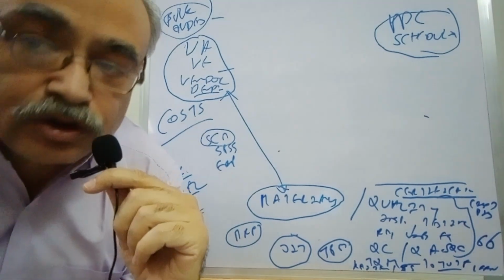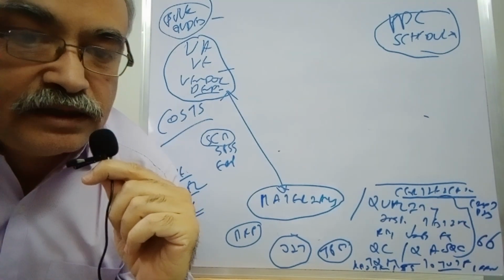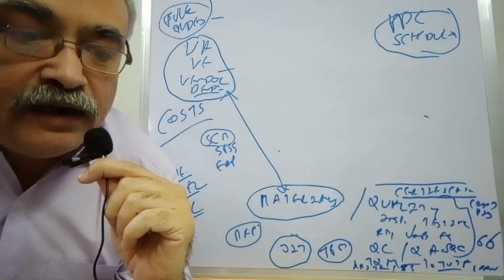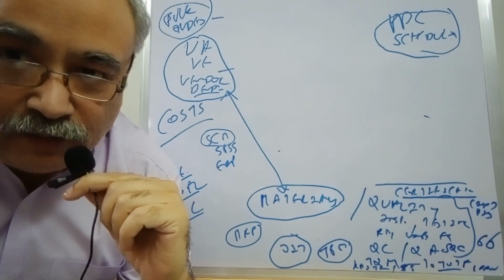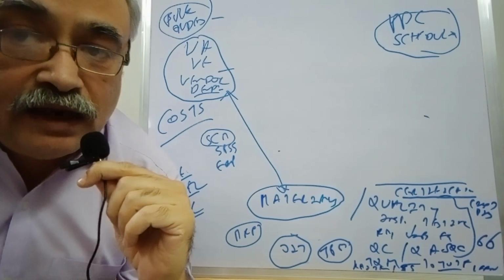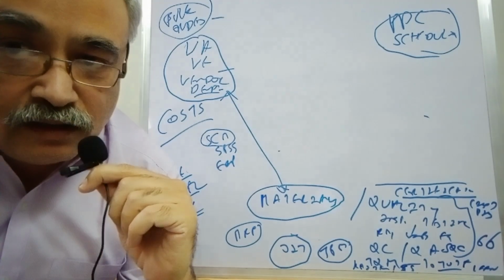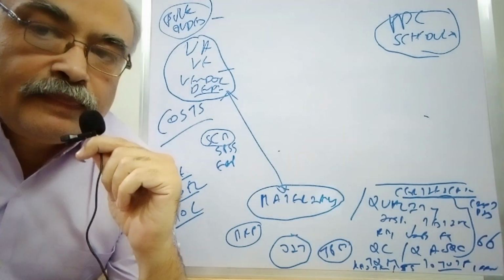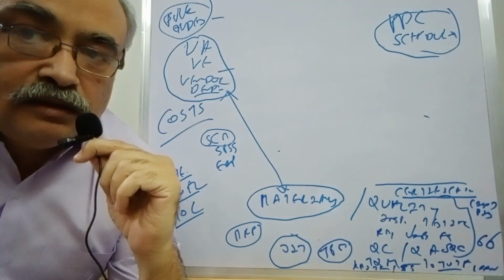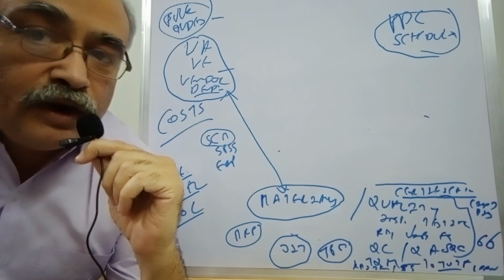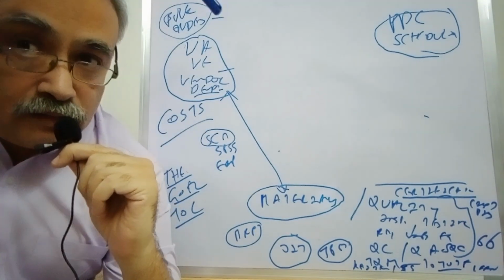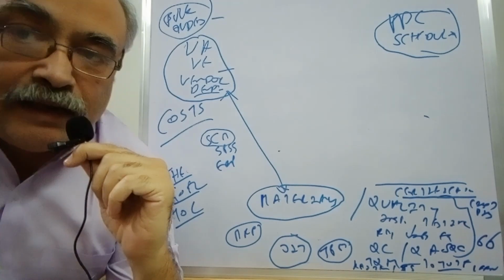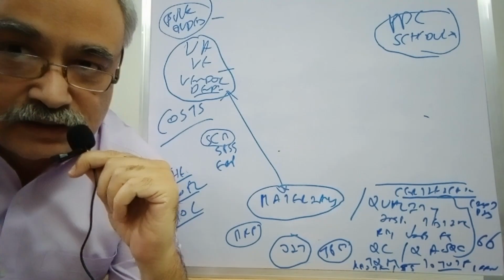In inventory, we also have to look at, as mentioned, inventory has a cost. Carrying inventory will be expensive. Not carrying inventory will have stock out costs when we don't have enough inventory, so we are unable to meet the requirements of our customers. So that has to be balanced. The other thing is bulk discounts or quantity discounts. When suppliers offer, if we buy more from suppliers, they offer us discounts.